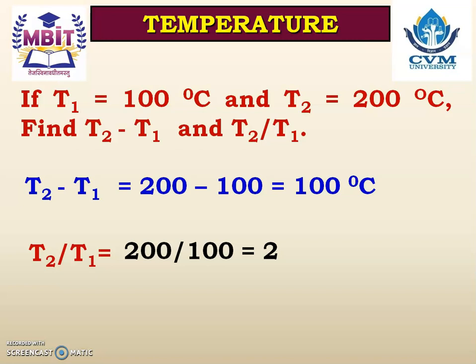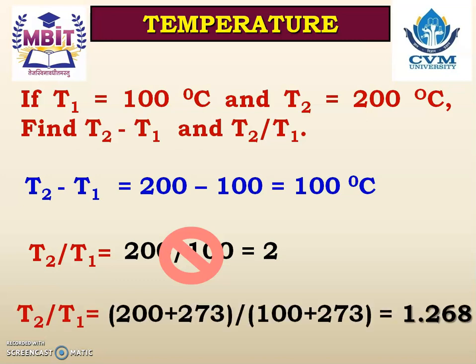No friend, this is incorrect. Now tell me where you have made the mistake. Yes. Let us again see. 200 plus 273 divided by 100 plus 273 and the answer is 1.268. So what is the difference between the above calculation and this calculation?